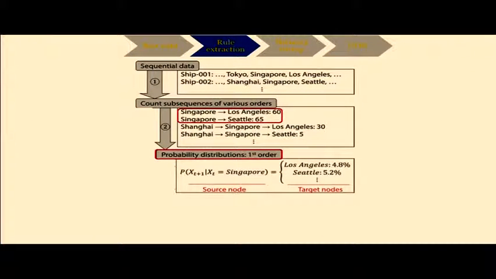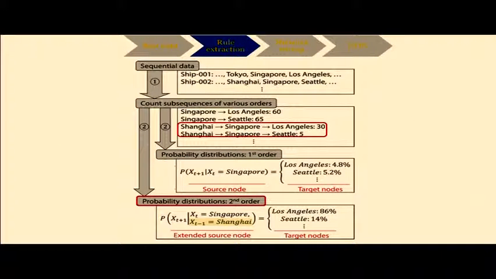And then we created probability distributions where we said, all right, if Singapore is the source node, what's the probability of it going to the target node? So once we had the counts, we created probability distributions of those. And then we kept extending the source nodes. We said, okay, if Shanghai is added to Singapore as a conditional in the pathway, how does my probability distribution change?